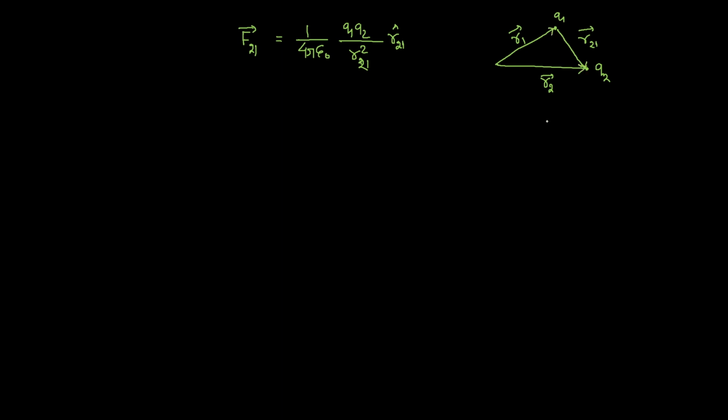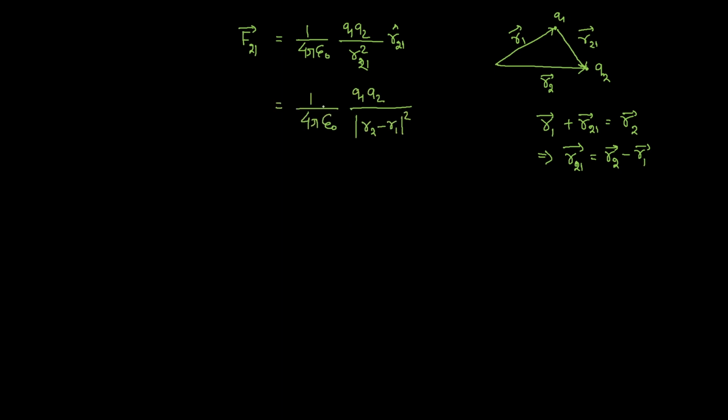So according to triangle law of vector addition, R1 plus R21 will be equal to R2, which implies that R21 must be equal to R2 minus R1. Now replacing this in this equation, we get 1 by 4 pi epsilon naught Q1 Q2 by magnitude of R2 minus R1 whole square into R21 cap.